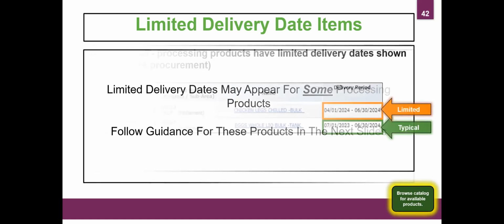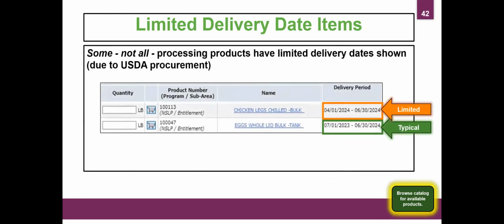But just follow along. So you'll see that some of the products, for example, here, we're looking at a screen where the chilled chicken is showing the delivery period from April 1st to June 30th. Well, obviously, it does us no good to divert all of our chicken to a processor and have it all come in April 1st. And that is not what is happening. So don't let that alarm you when you see a shorter range of dates.